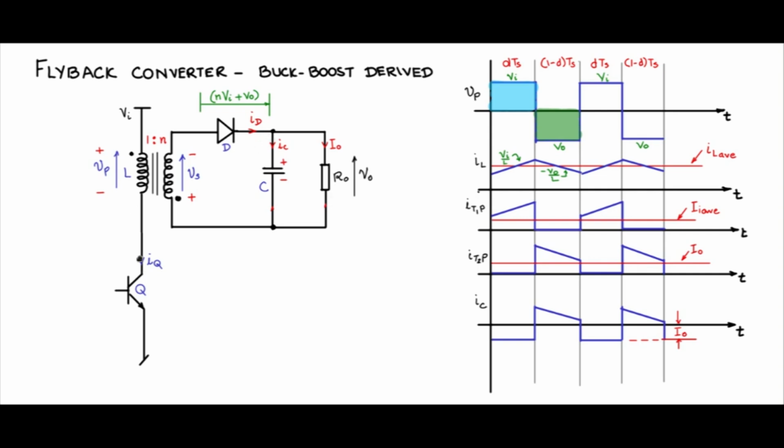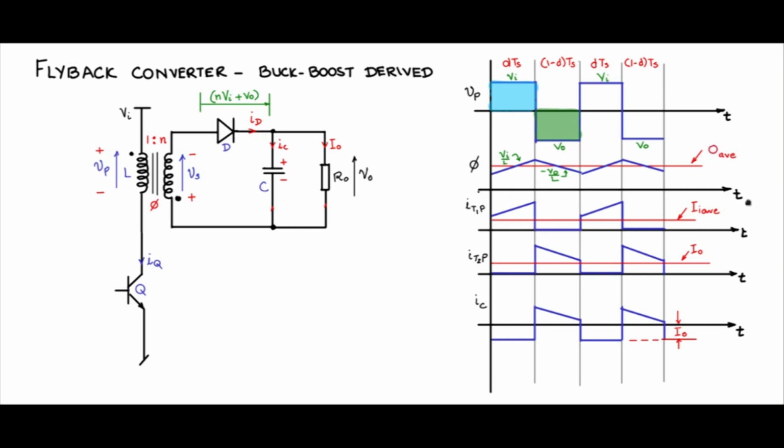Observe also that during DTS, the current that is flowing through the primary IQ is only for the part DTS, and during 1 minus DTS there is no current flowing through that. The only link between the primary and the secondary side of the inductor is the flux. So let us indicate that flux here, and IL we will replace it with flux. So this is the flux waveform, but we have to change these values.